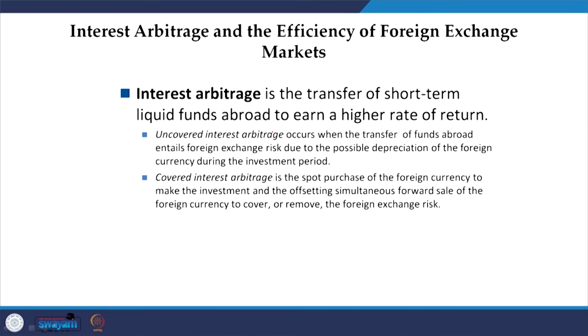Uncovered interest arbitrage is when the transfer of funds abroad entails foreign exchange risk due to the possible depreciation of the foreign currency during the investment period. Similarly, covered arbitrage is the spot purchase of the foreign currency to make the investment and the simultaneous offsetting forward sale of the foreign currency to cover and remove the foreign exchange risk.